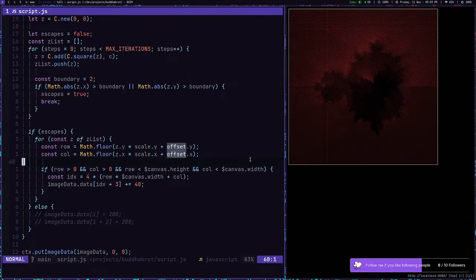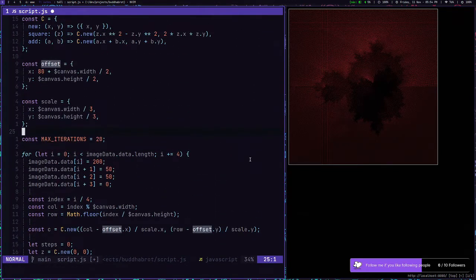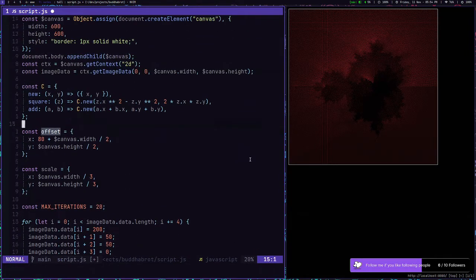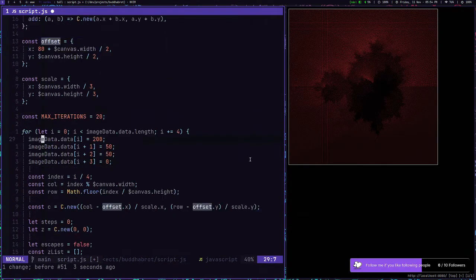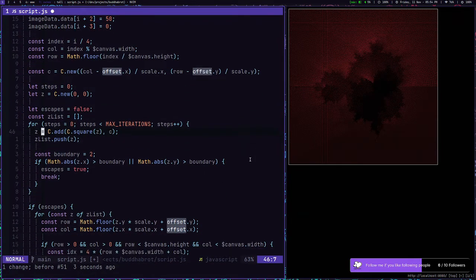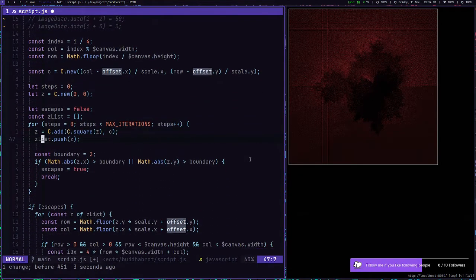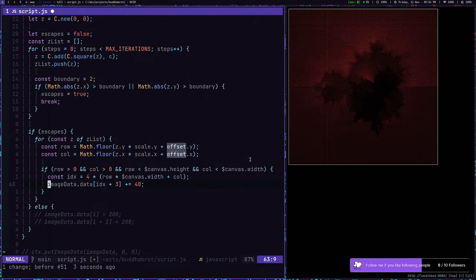What we're doing here is getting the pixels on the screen and transforming them. Instead of that, what if we just plot the points as they are, the way it's being done here? Or maybe we do get the image data because we'll have a list of pixels to iterate over. The only part that changes now is this guy. We don't need that anymore. We also don't need this one.